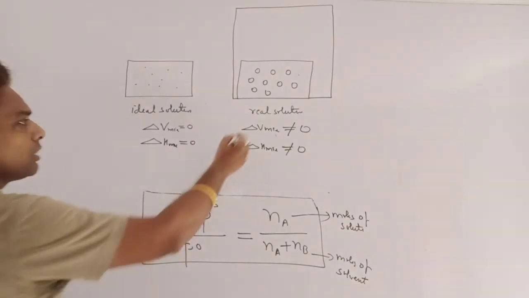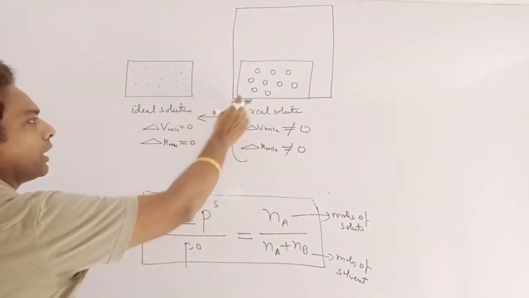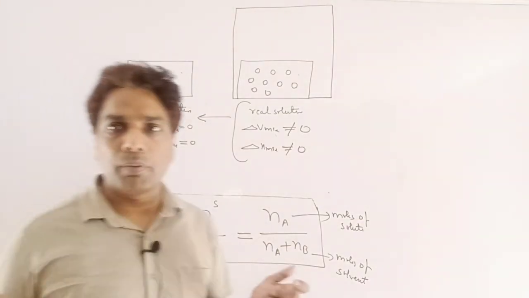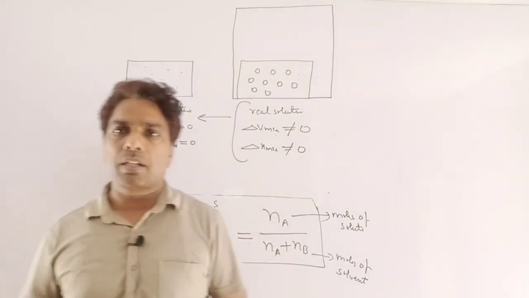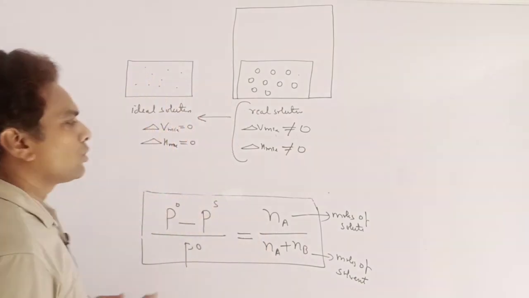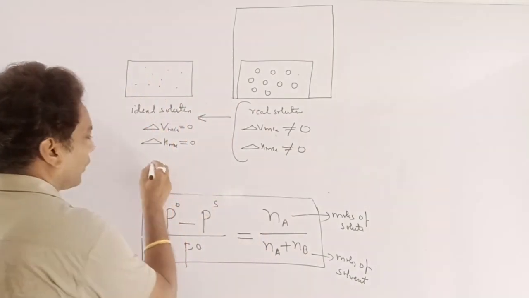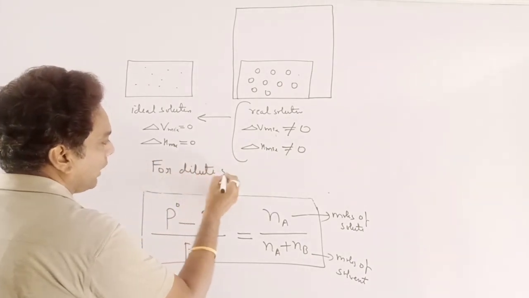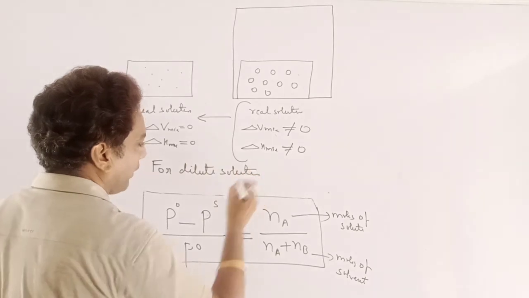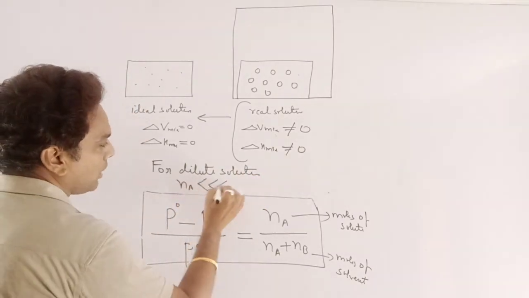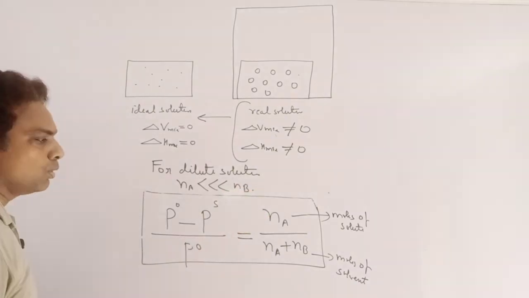So here a real solution behaves as ideal, and such a condition is the dilute condition, in which the volume of solvent is taken very large compared to solute particles. So in the case of a dilute solution, we can write that small Na, the moles of solute, is much less than the moles of solvent.